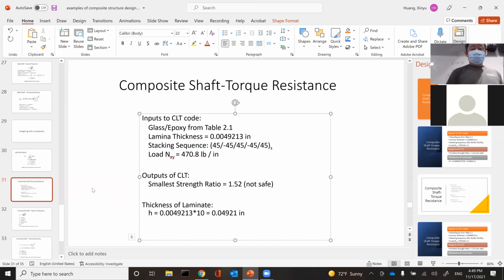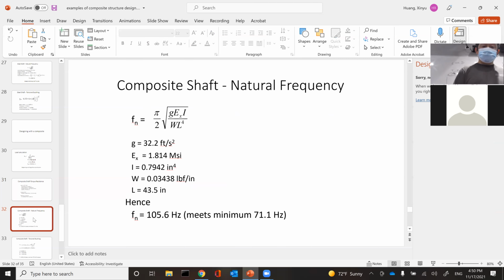All right, so remember we have 3 criteria. One is it should be strong enough. Number 2, the vibration characteristic should avoid resonance with the highest RPM you have. And the third one is it should not buckle. Okay. The other 2 were also calculated.